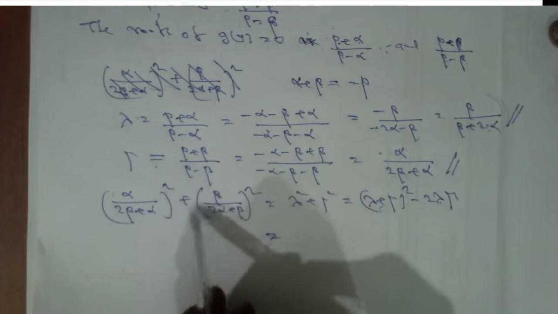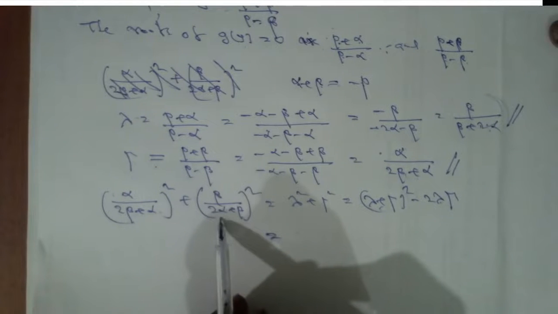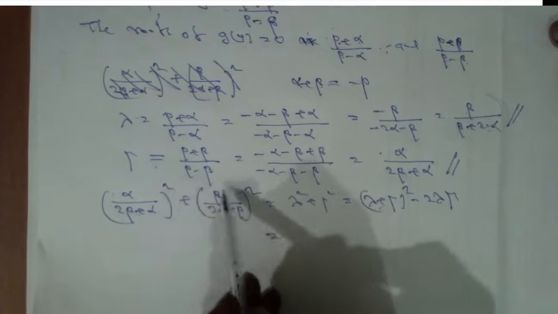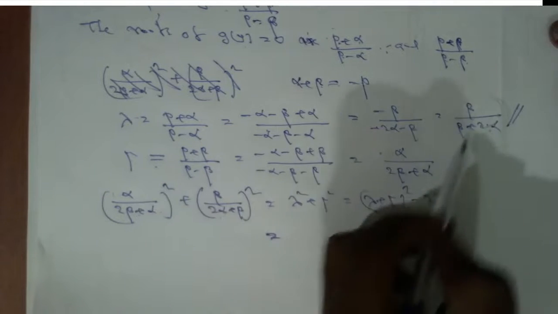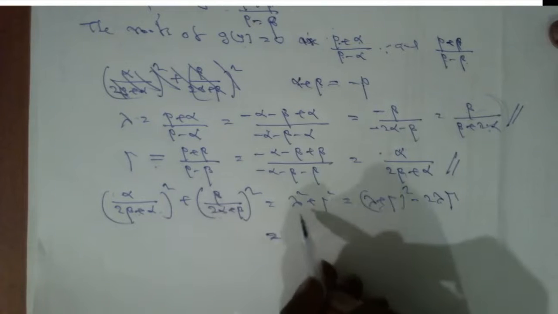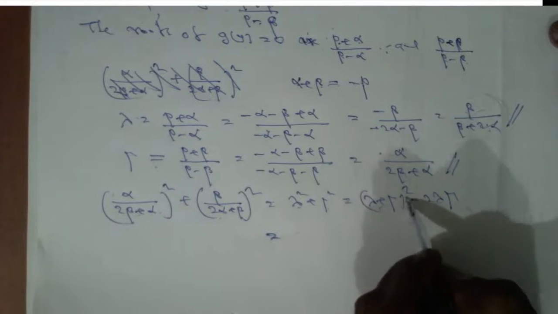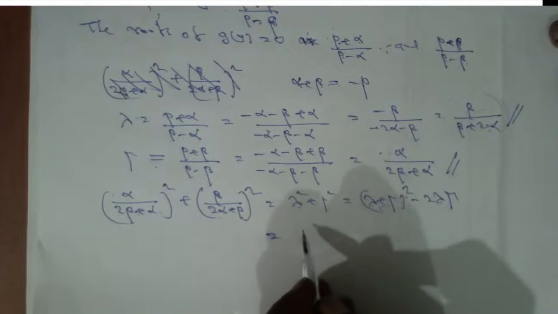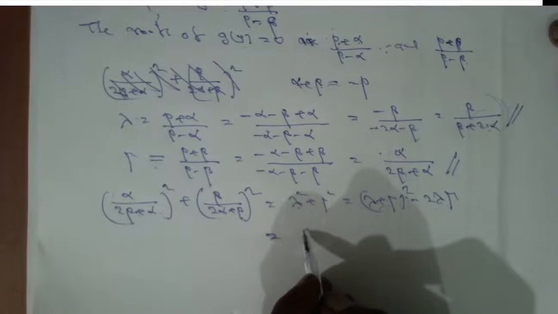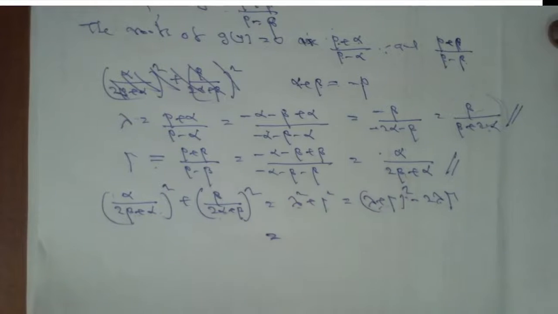Now you need to find the value of this expression in terms of p and q. This is the sum of the squares of these two terms. That means lambda squared plus mu squared. That is lambda plus mu whole thing squared minus 2 lambda mu. What is lambda plus mu? You can find it from the equation g(y) equals 0.